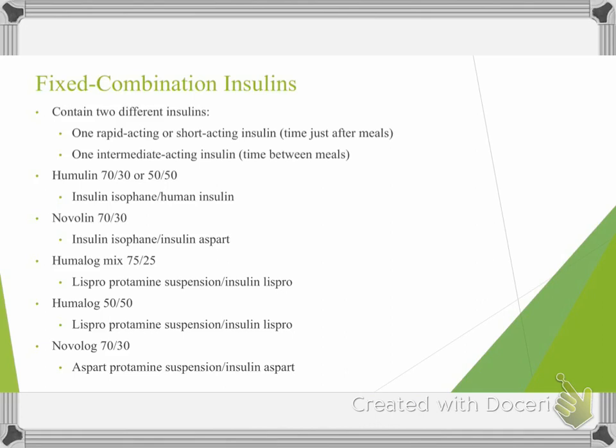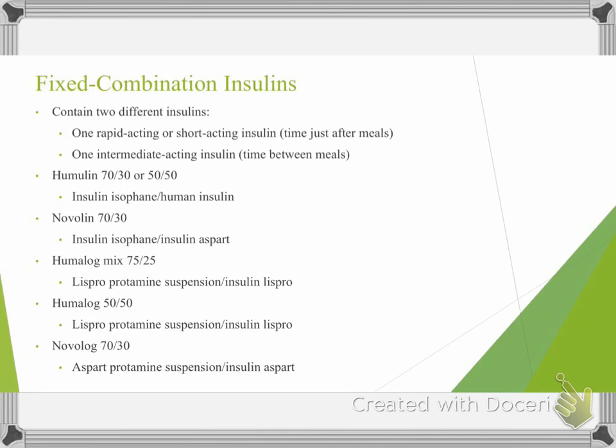We have fixed combination insulins, which allow for fewer injections. Usually it's a rapid onset or fast acting and intermediate duration of action insulin. You give within 15 minutes of a meal because that provides for the rapid acting, and then it will last the time period of an intermediate acting. So it contains two different insulins, so you're going to have two peaks.